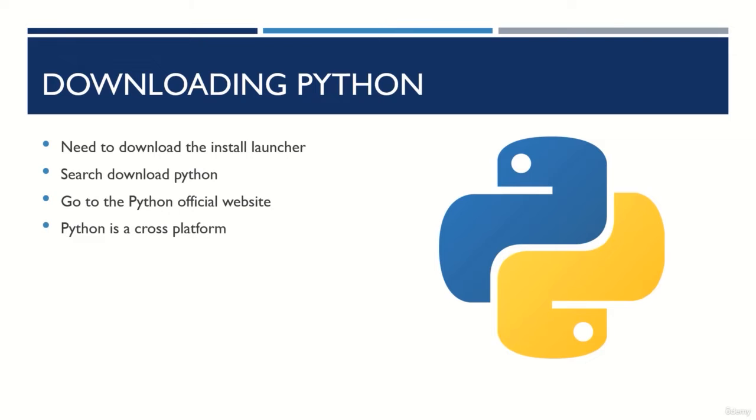Whatever the operating system you are using, you can work with the Python programming language easily and efficiently. It's a cross-platform language, so you can download the install launcher, as we said previously, for any operating system you are using. So it's a very powerful language.